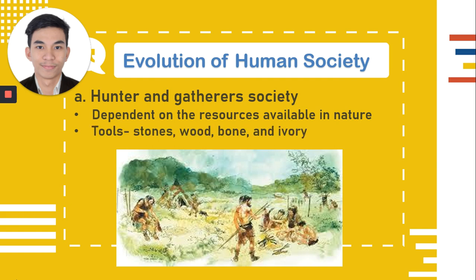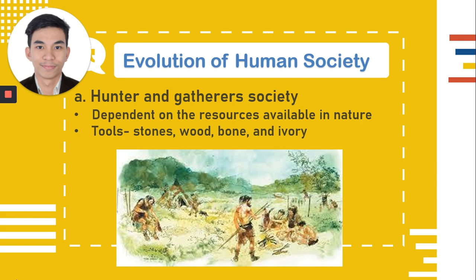They used tools which they made themselves, such as stone, wood, bone, and ivory. The hunter-gatherer society may be from the Stone Age up to the Bronze Age or Iron Age. So, dyan ang ganap yung hunter-gatherer society.